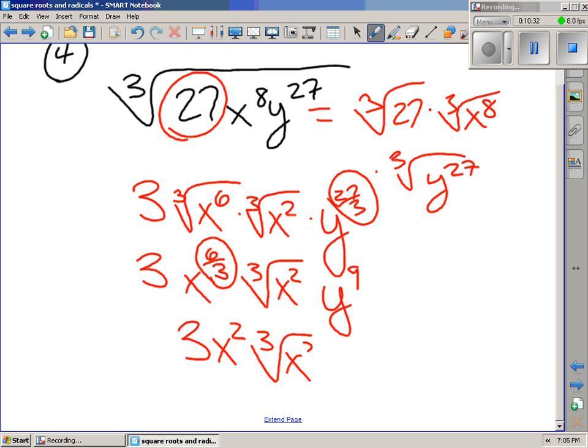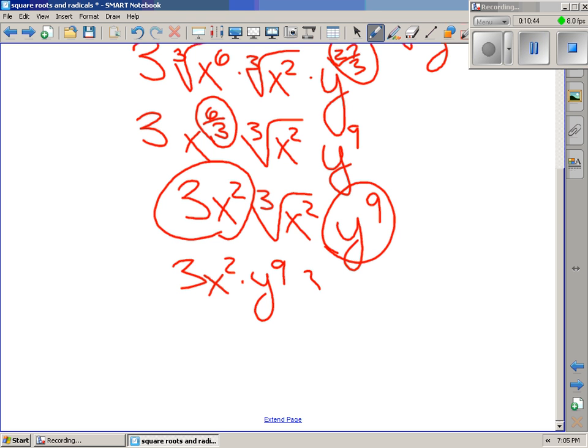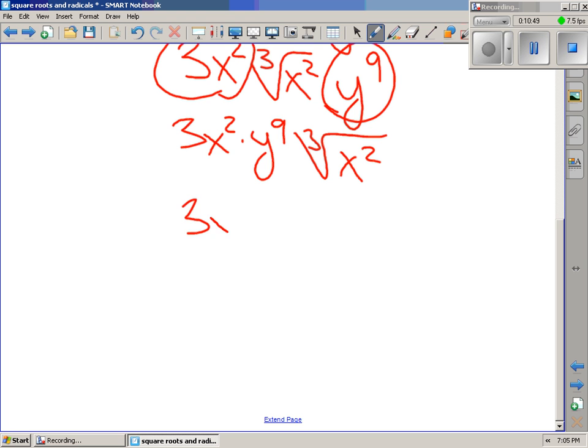Leave the cube root of x squared, and then I have a y to the 9th on the end. And it's normal to write everything that's outside of the radical to the left side. So I'm going to write 3x squared multiplied by y to the 9th multiplied by the cube root of x squared. And this is my final answer.